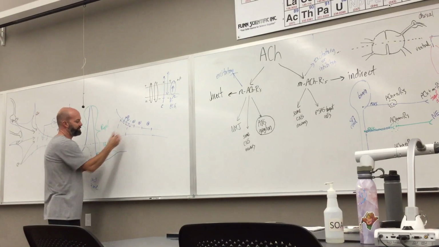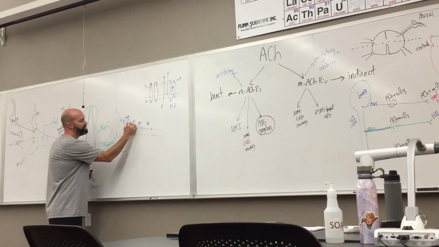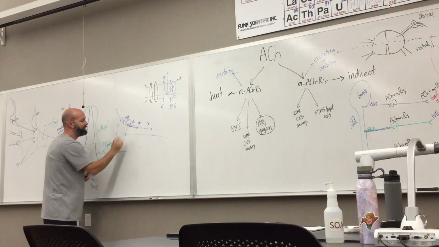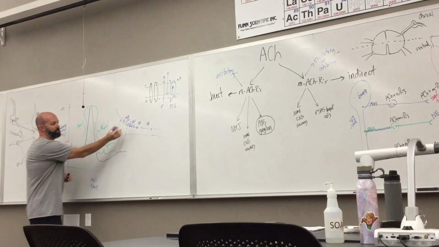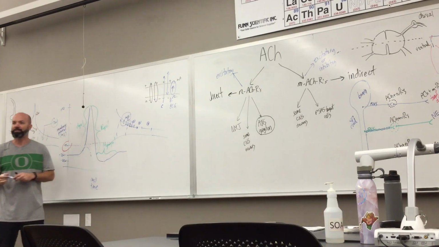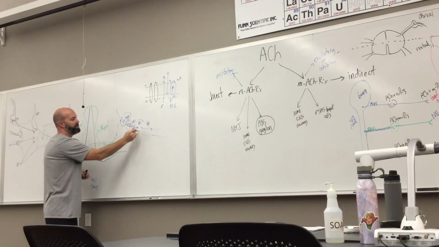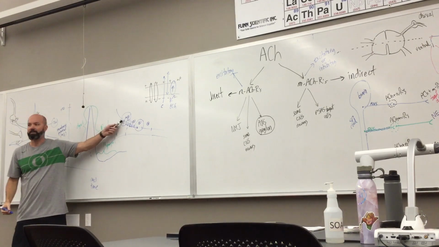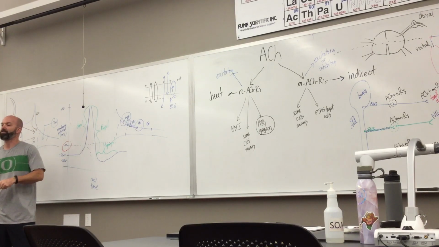So as it spreads to the right, depolarizing this segment, causing sodium influx, which spreads to the right and spreads to the left. Why is it when it spreads to the left, this membrane doesn't undergo an action potential, but this membrane does? The membrane to the left is in refractory because it just underwent an action potential.